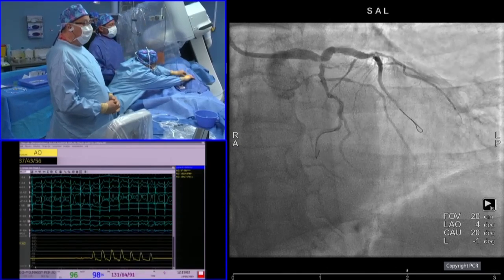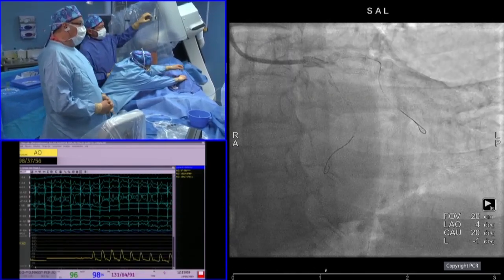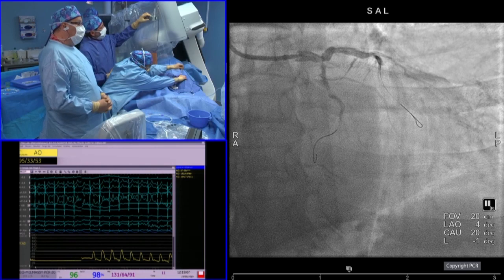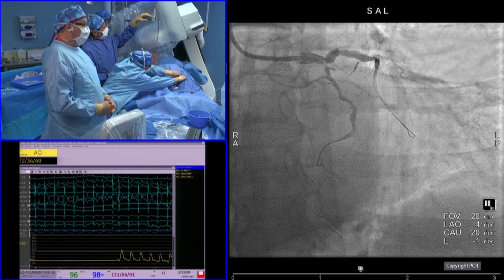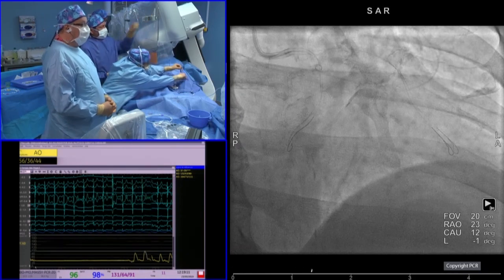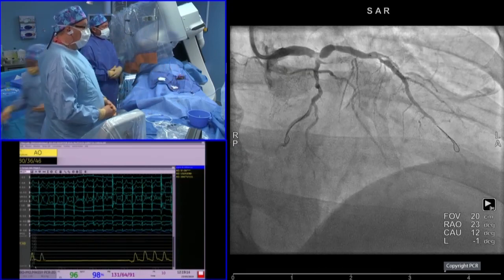So you can clearly see that the lesion is involving both the left main, but also the ostium of the LAD and the ostium of the circumflex. So this is the view we have in a caudal view.